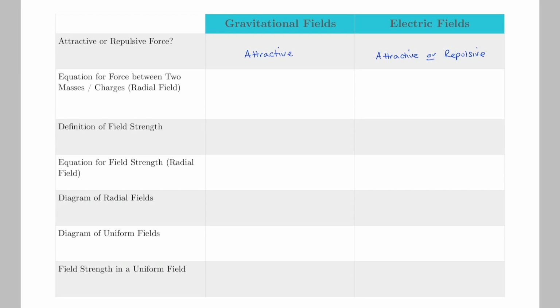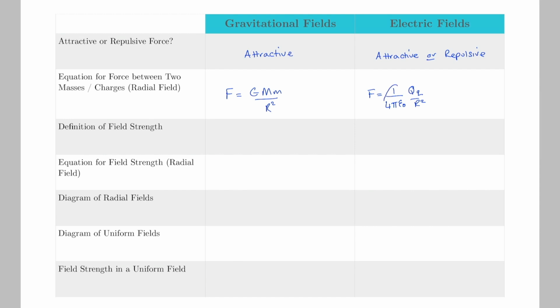The next row is asking us for the equation for force between two masses, and for this one we're looking at Newton's universal law of gravitation, and it's F equals G m m over r squared. G is the universal constant for gravitation. We've got the product of two masses divided by r squared. For the equation for force between two charges, we're looking at Coulomb's law, and that looks like this: 1 over 4 pi epsilon naught, q q over r squared.